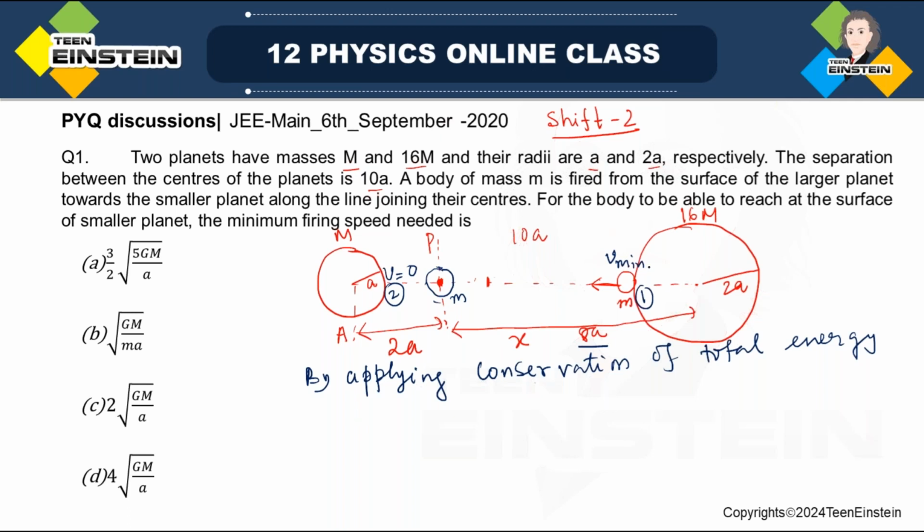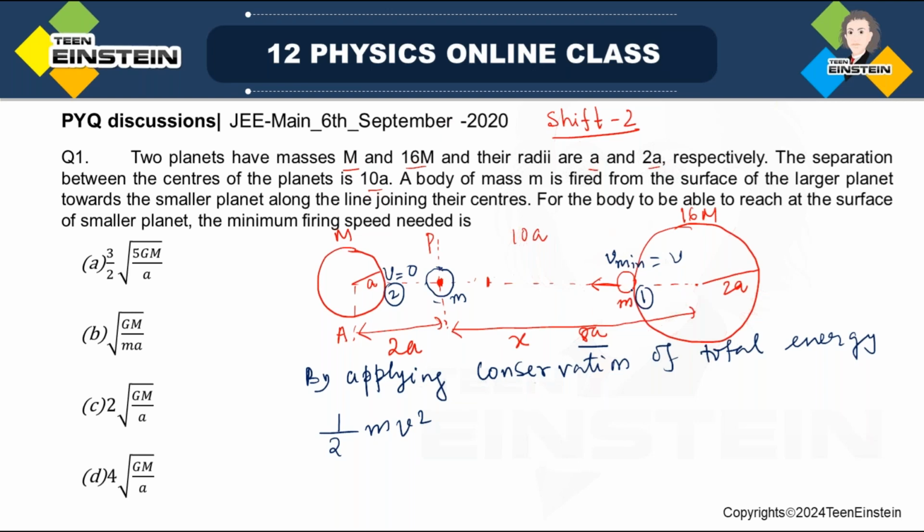At this point, what is the speed given? The minimum speed, let us say v minimum is v. So half m v square is the total energy over there, and then what is the potential energy over here?